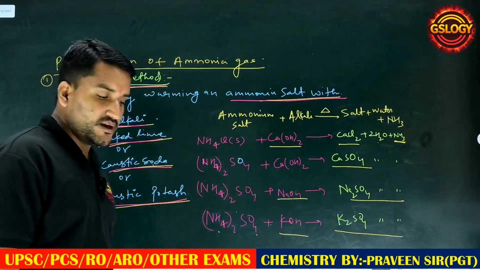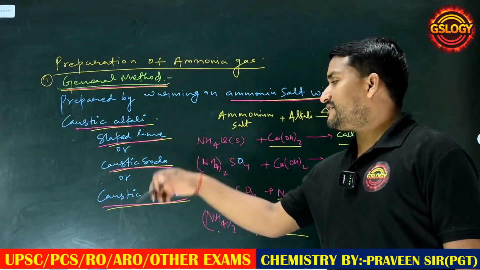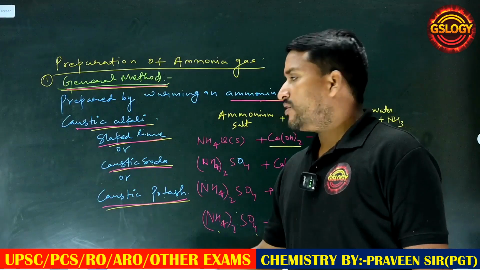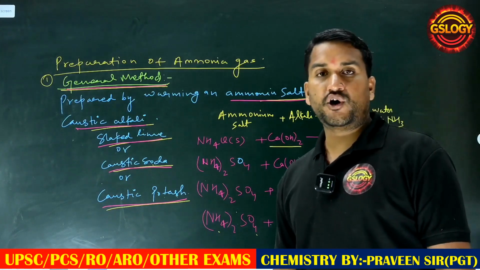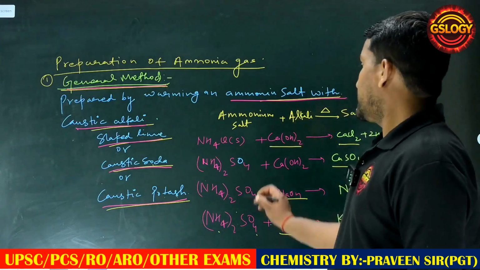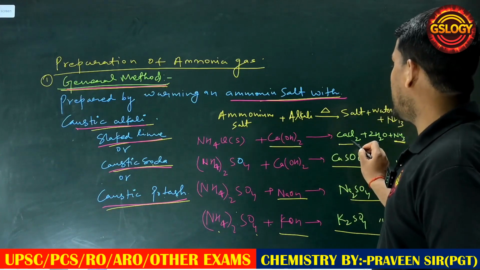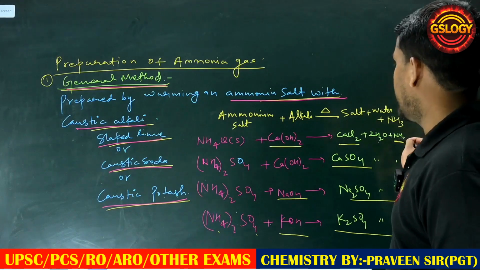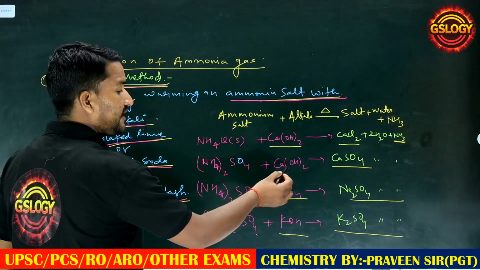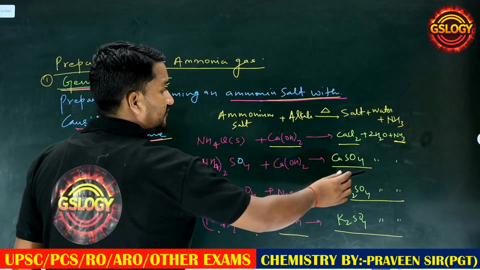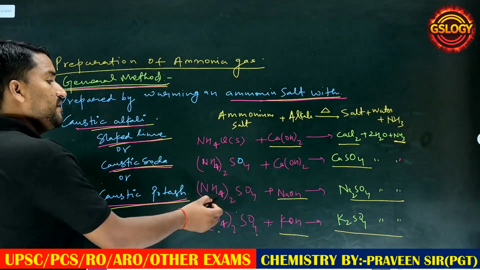Means ammonium chloride salt is treated with the caustic alkali, then you will obtain ammonia gas. Ammonium chloride, when treated with slaked lime, forms salt, water and ammonia gas. Ammonium sulfate, when it reacts with slaked lime, forms calcium sulfate, water and ammonia gas.